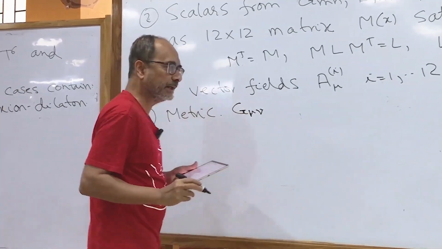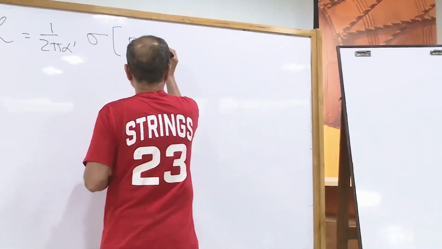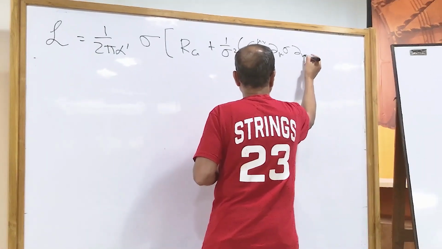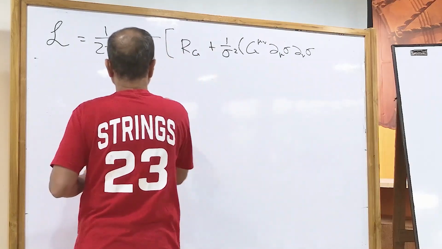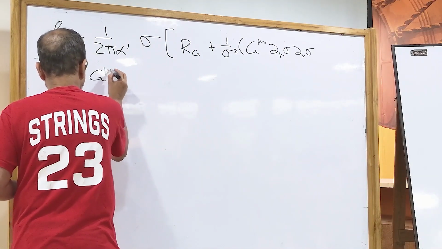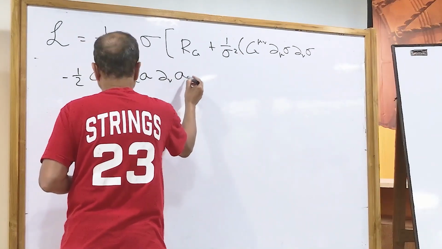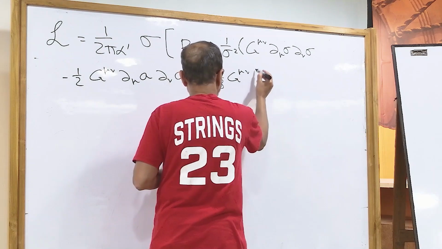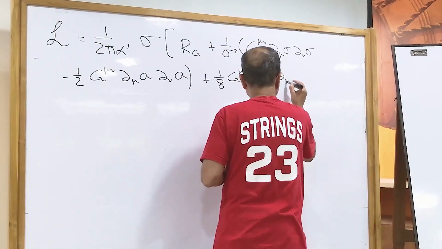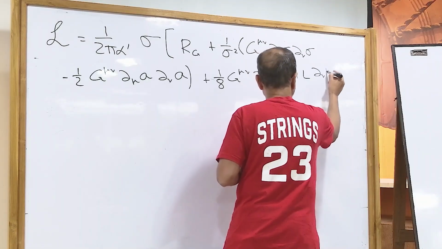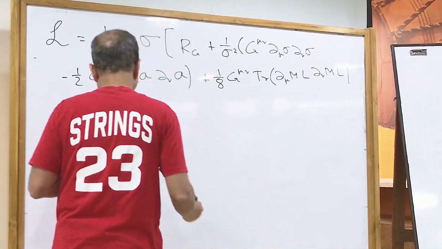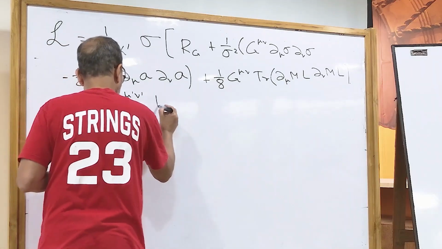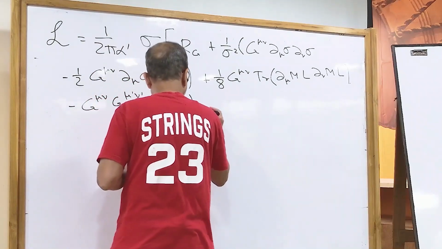This is what is called the string metric, but you don't really need to worry about this. Here you are summing over i and j.